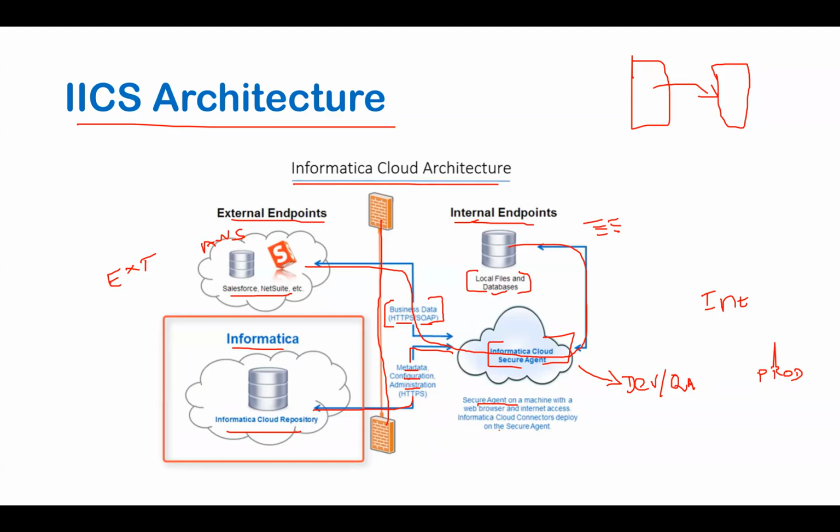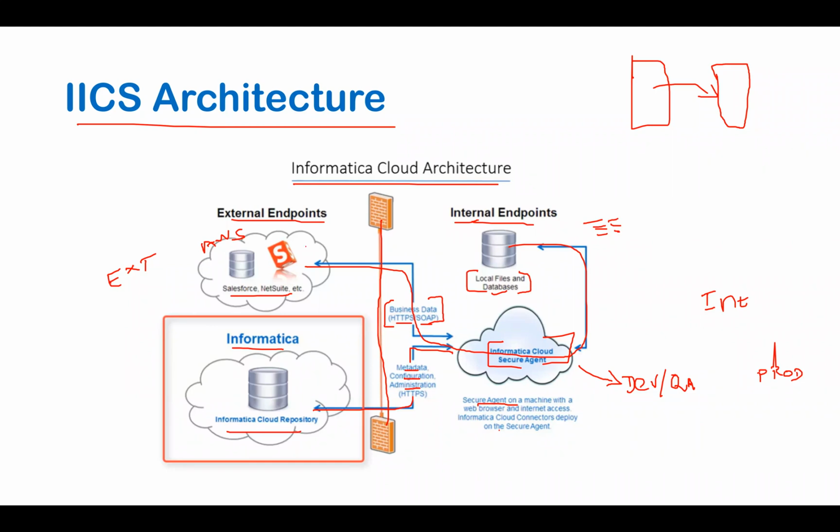If you ask me to summarize, we have an on-premises server, that is our local RDBMS and flat files, and our cloud server also. That is the organizational data we have. We fetch that data and load it into external endpoints, that is our cloud databases or any other databases.